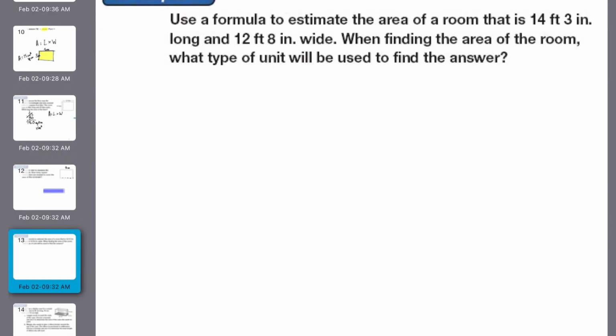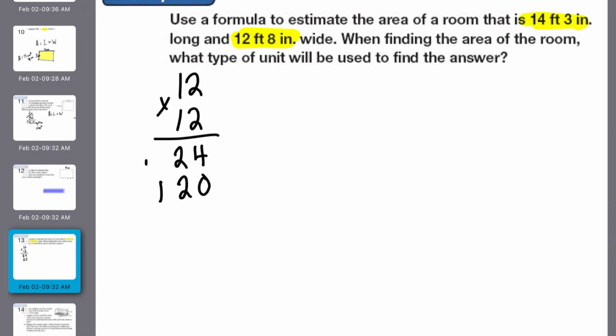Use a formula to estimate the area of a room that is 14 feet 3 inches long and 12 feet 8 inches wide. When finding the area of the room, what type of unit will be used to find the answer? First thing I need to do, change this entirely into inches. So I'll start with the 12. 12 times 12 gives us 144.